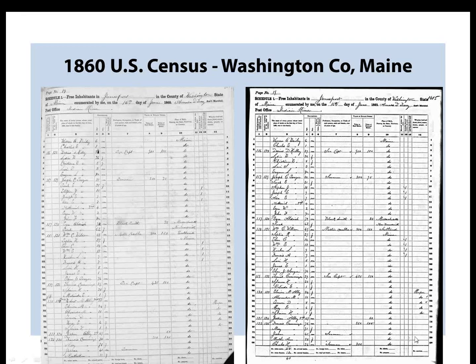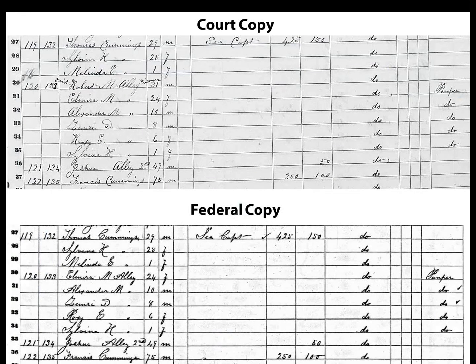The page number is the same, but you can tell that someone else copied this record. Now, in this case, this is important because the county court copy has additional information on it that the federal copy does not. So if we are to look at the federal copy on row number 30, there is Elmira Alley, and she's living with what is, most probably her children, her 4 children here.